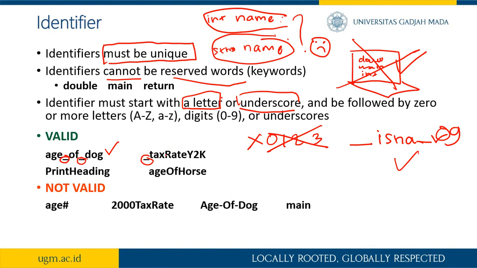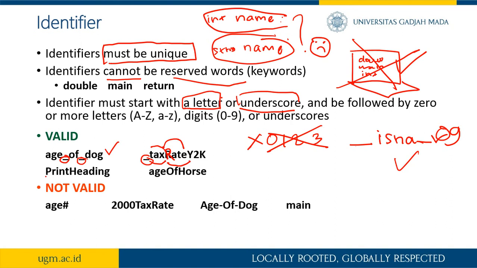In the examples, the identifier consists of several words. So text rate, this is two words. In the second word, we make the first letter uppercase to differentiate the first word from the second word, so we can read it easily.